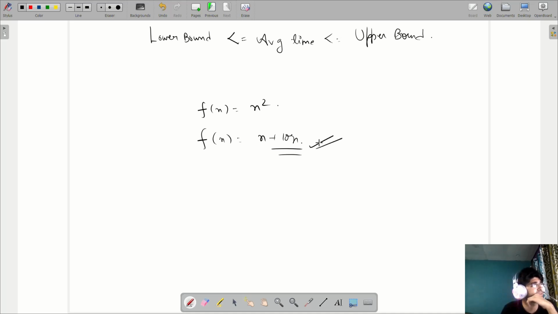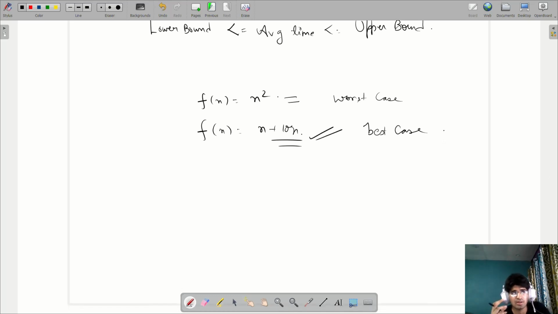I believe this one is going to perform better, that's simply 11n, but let's say why? Because n square is increasing with the number of inputs that you have, right? So this is going to be the worst case. This we can consider the best case, let's say, right? Similarly, you can take any sort of example for average.